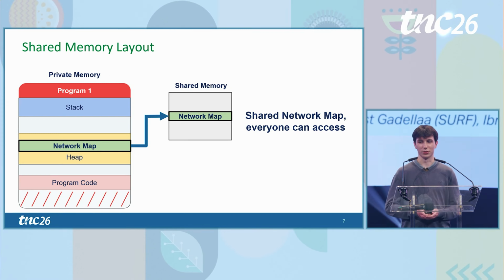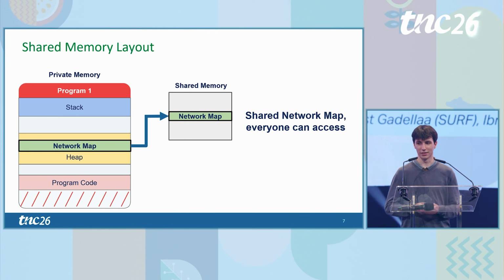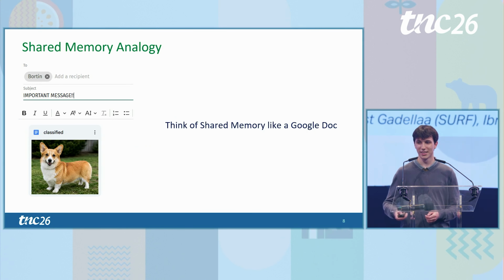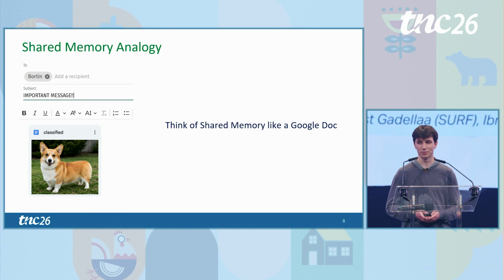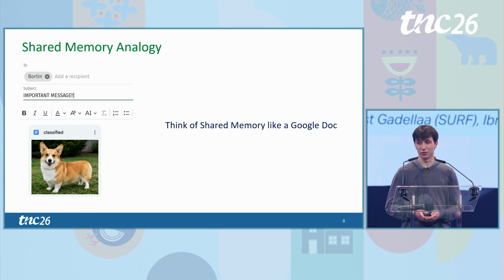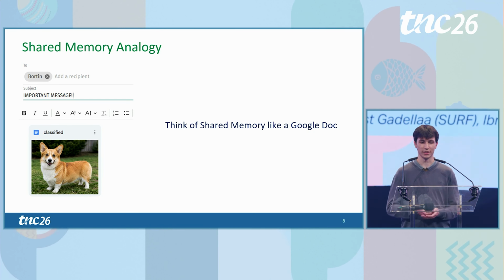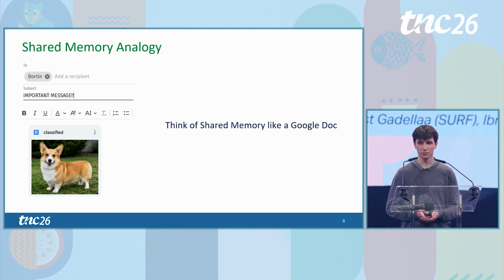To explain what shared memory actually is, let's think of the following analogy. Imagine you have an important Google Doc with some very important data. Now, imagine you wish to share this doc with your colleague over email. Well, you can just simply write this doc, attach it to the email, and send it. The colleague then just downloads the document and opens it in, like, Microsoft Word.